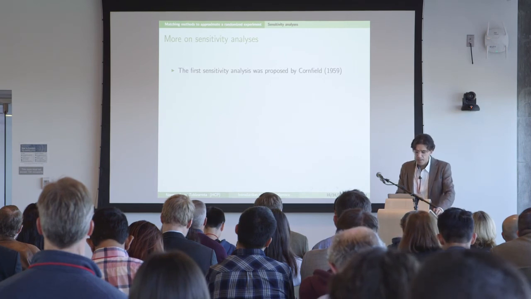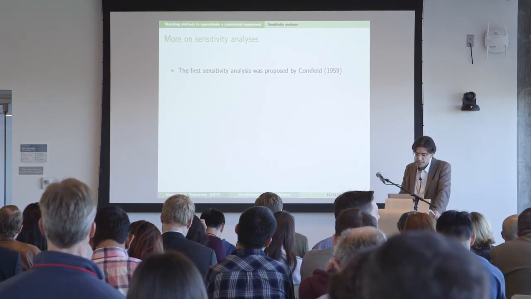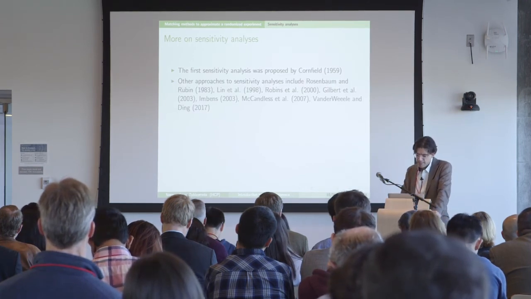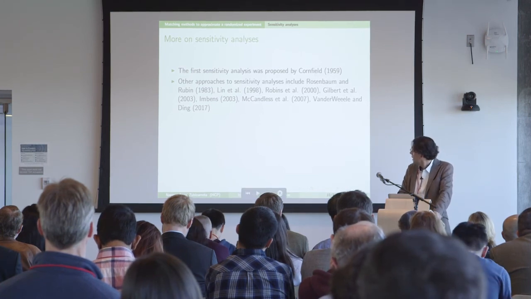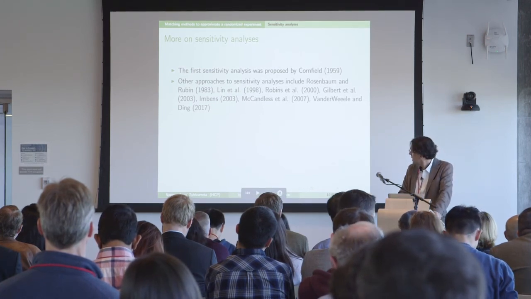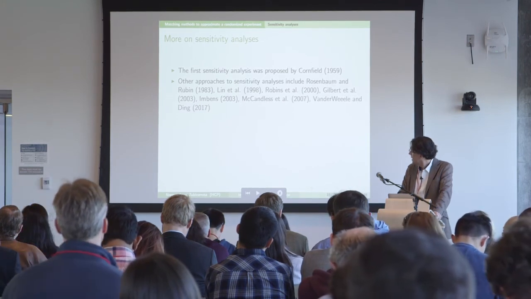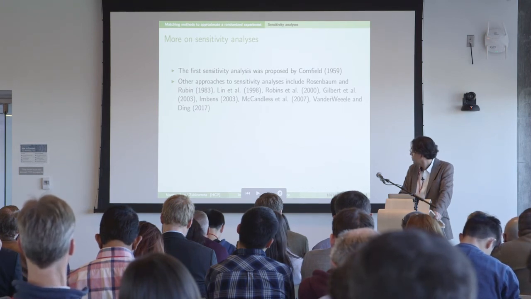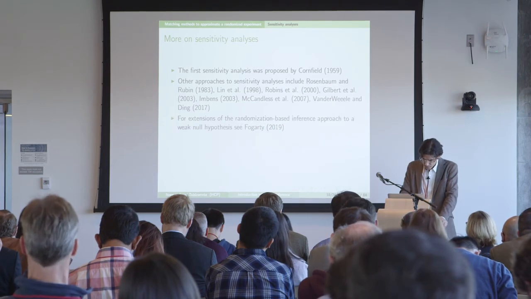All right. This sensitivity analysis is in the spirit of the first sensitivity analysis developed by Cornfield, but there are other approaches to sensitivity analysis, including these ones here. There's a quite different one by Rosenbaum and Rubin. Robins has another very nice one. Imbens, then here's a Bayesian one by McCandless and co-authors, and VanderWeele and Ding recently proposed the E-value.